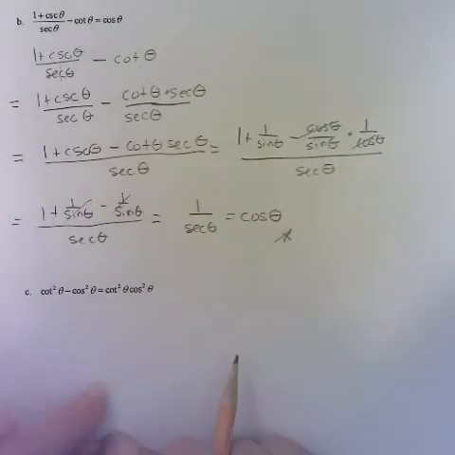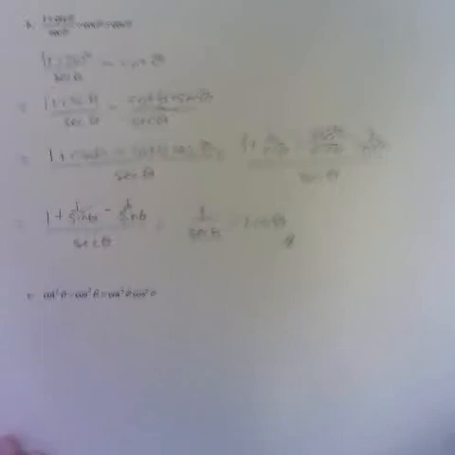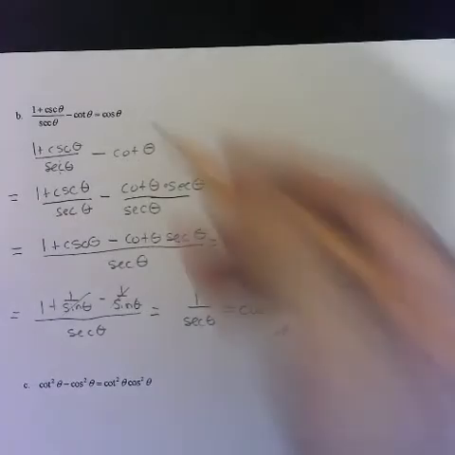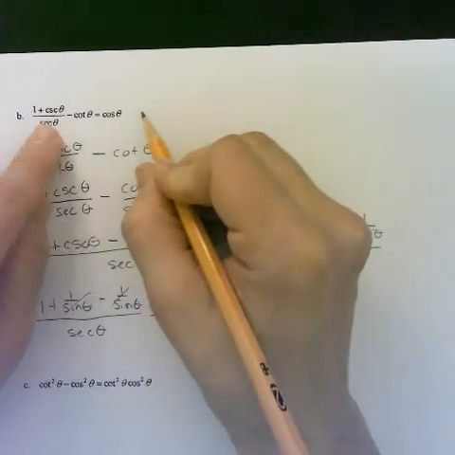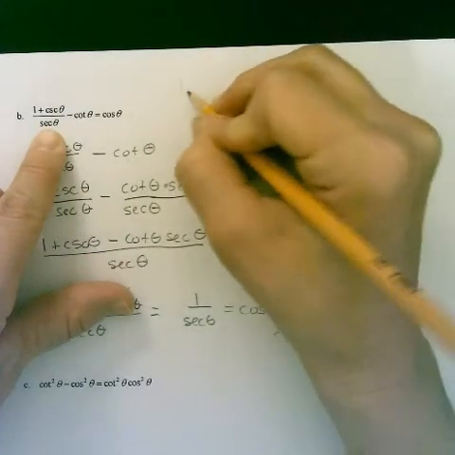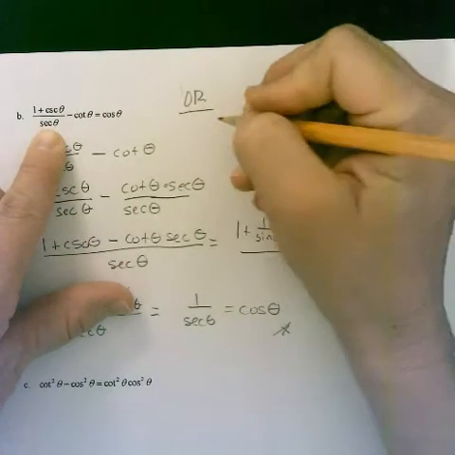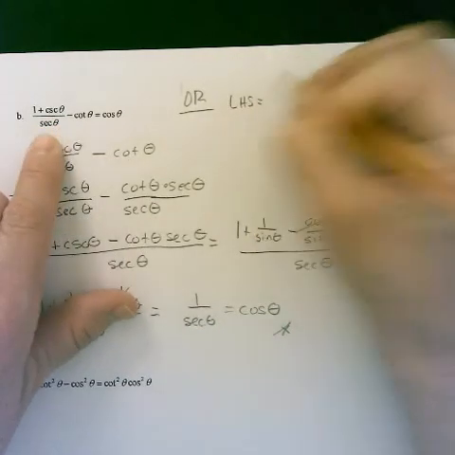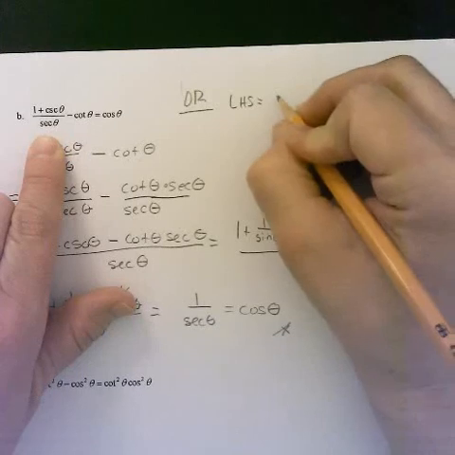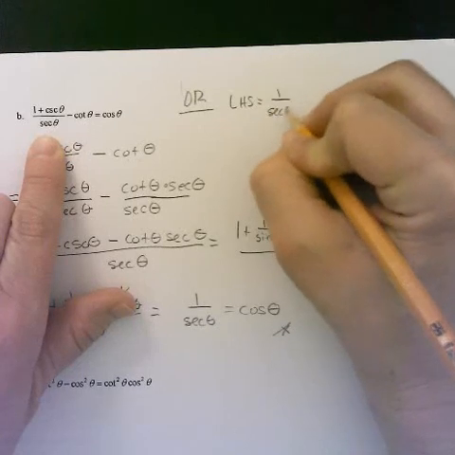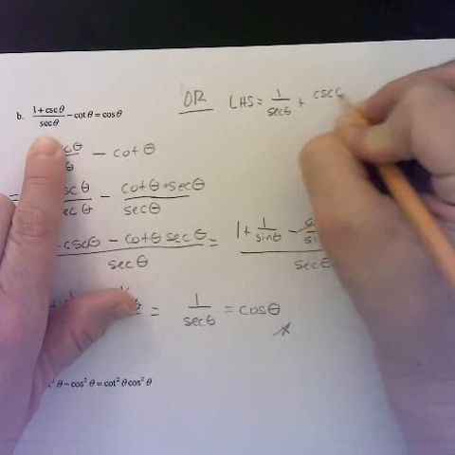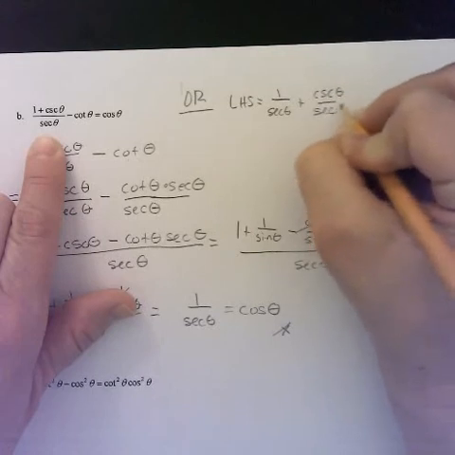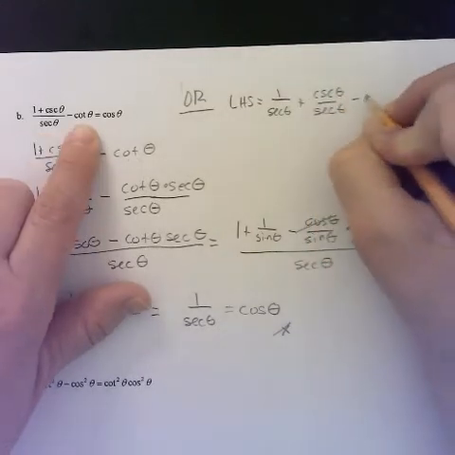But like I said, there's a couple other ways to approach this. The one I saw after I started was to take this fraction. So here's another way. I think this will go faster. So I'm just going to use left-hand side, equals. Take this fraction and split it into 2, so you get 1 over secant theta plus cosecant theta over secant theta minus cotangent theta.